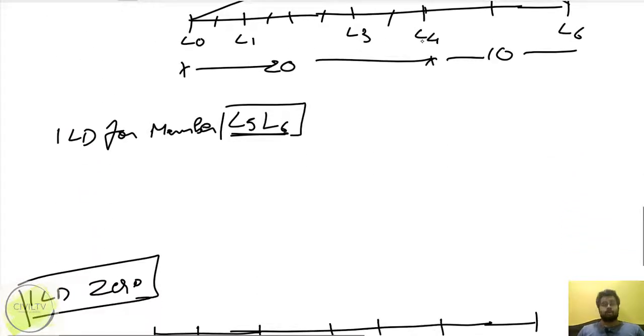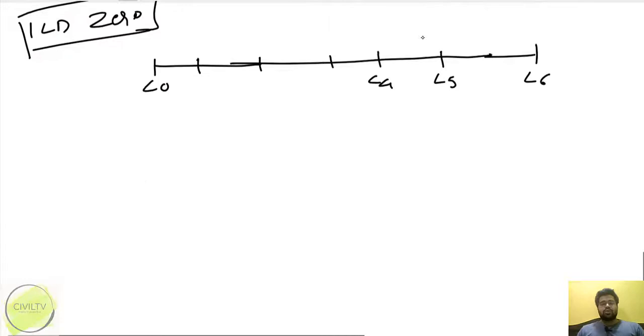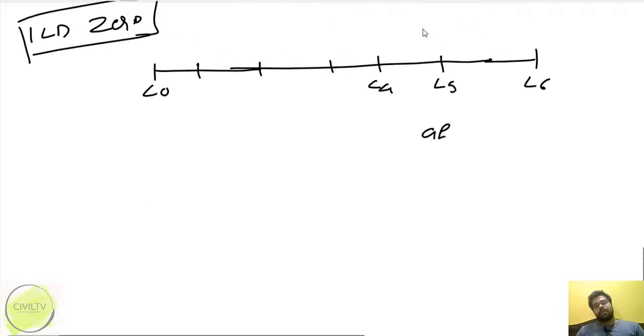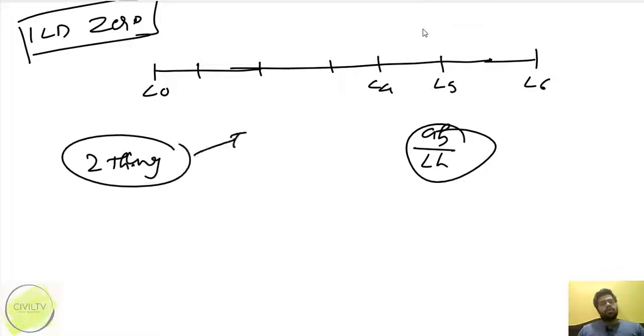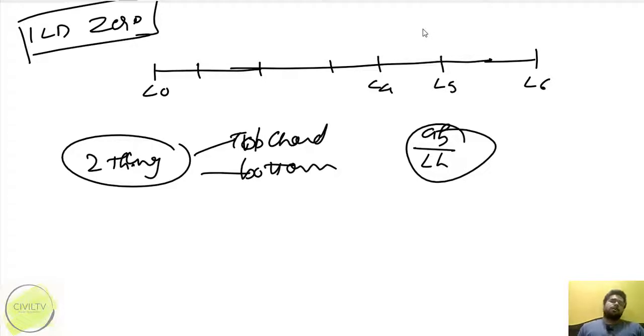Bottom chord members and top chord members are very simple. The only thing you have to remember is AB upon LH. We should remember three things for top chord and bottom chord. First of all, whichever member you have to calculate, check the opposite joint.